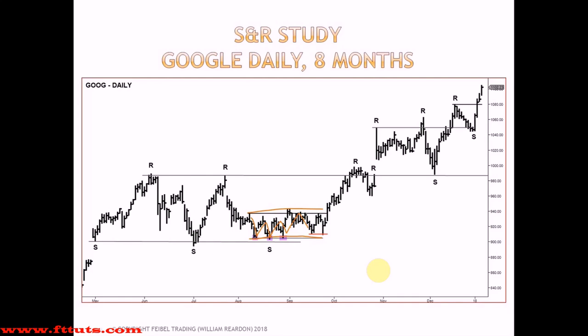But local levels of support, this and this here, are just mini supports that are formed within trading ranges, and they're important as they give you a way to jump on board and move within a larger time frame.